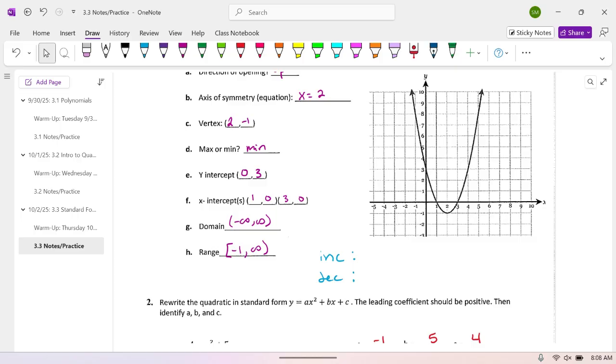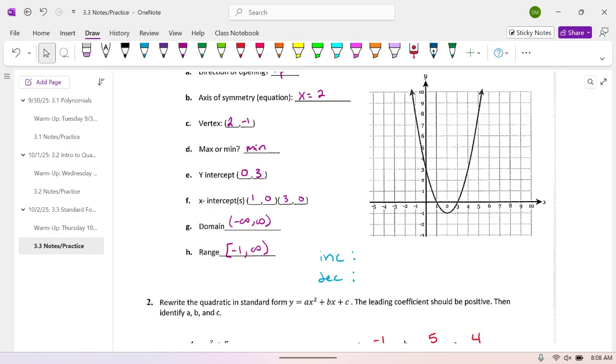Now, when we're doing intervals of increase and decrease, what does that mean? If I'm saying an interval of increase, what am I looking for? Which parts of the parabola increase?